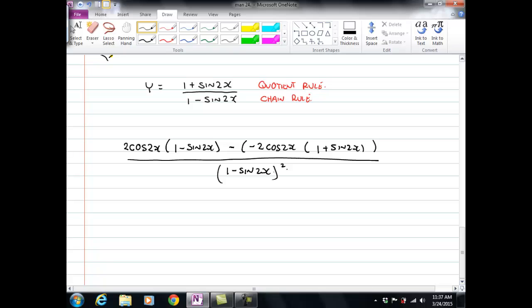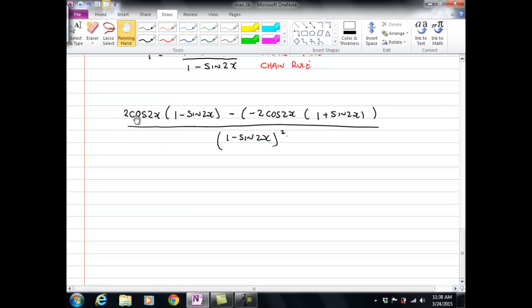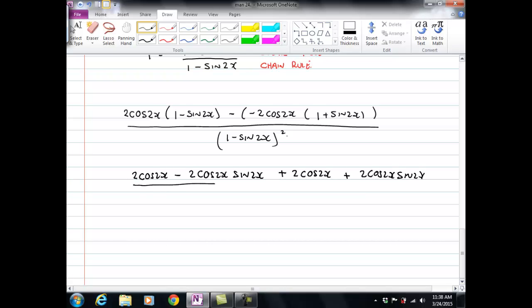I'm going to expand. Okay, I like to keep it simple. I like to expand. And when I expand this out, you get 2 cos 2x minus 2 cos 2x sine 2x. Here's where you've got to be careful. This now becomes plus 2 cos 2x plus 2 cos 2x sine 2x, all over 1 minus sine 2x all squared.